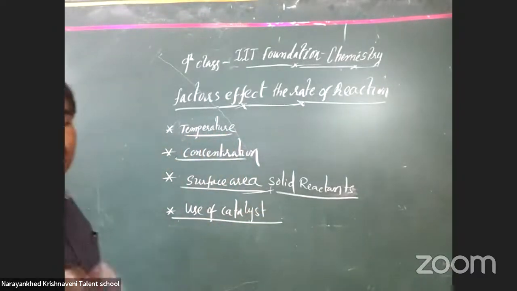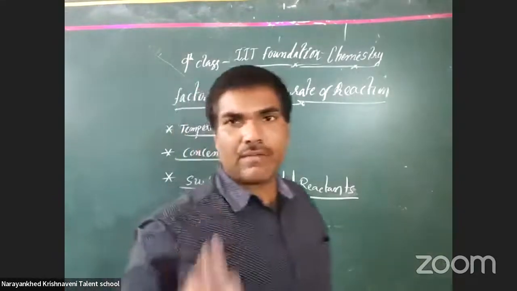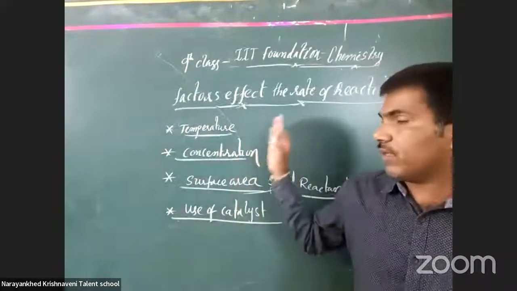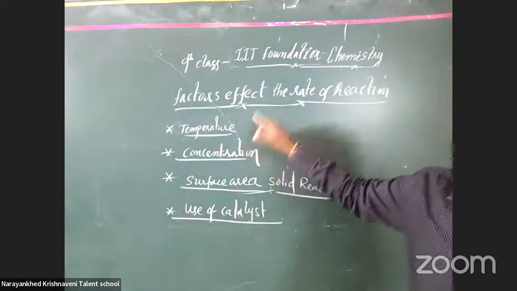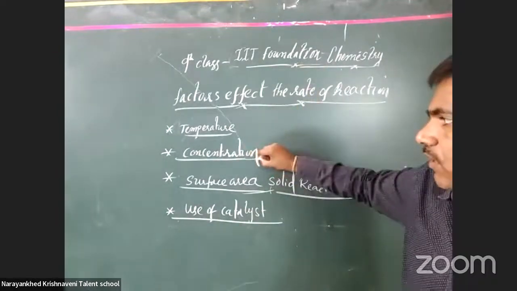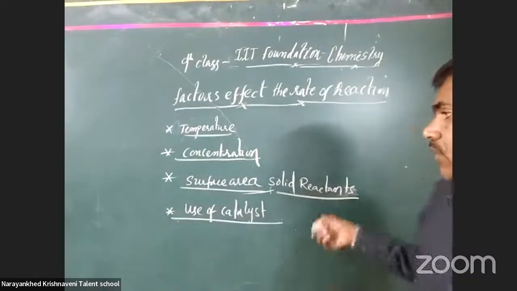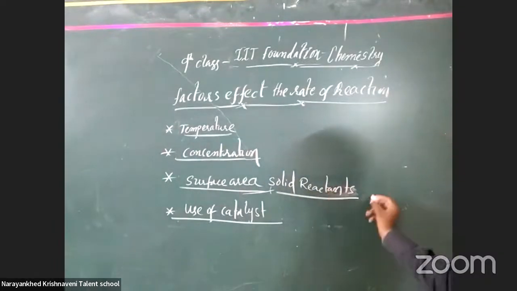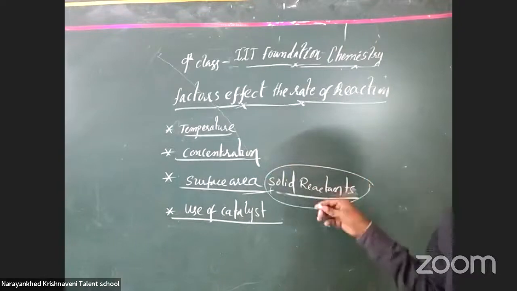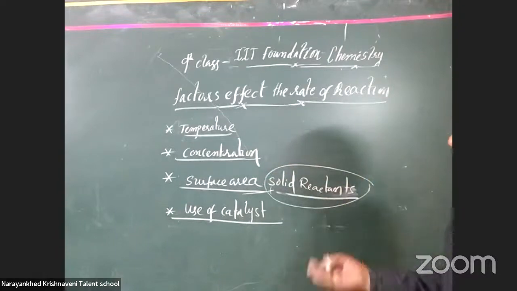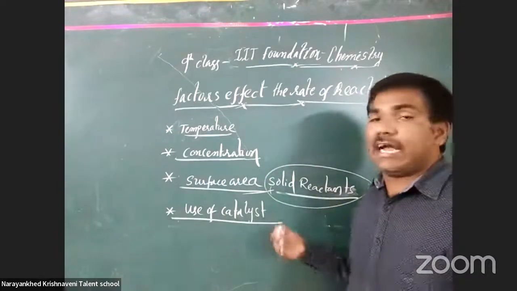When we take a chemical equation, the reaction is affected by temperature, by concentration, by the surface area of the reactants we are using, and also by the catalyst.